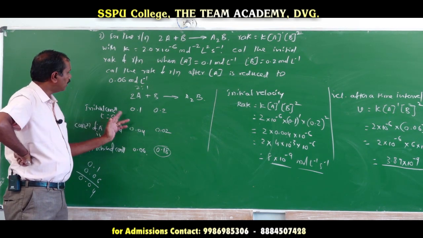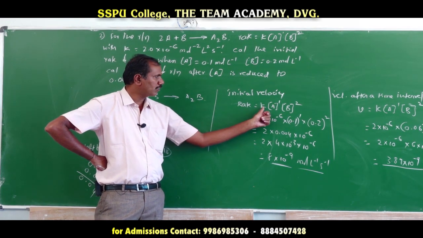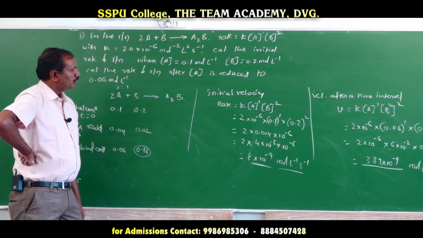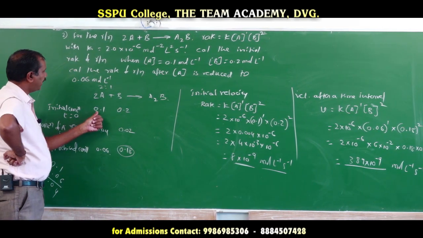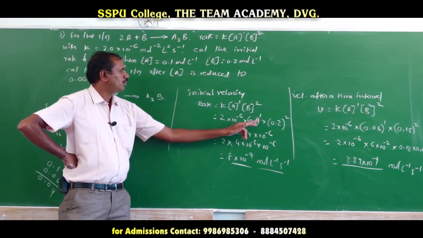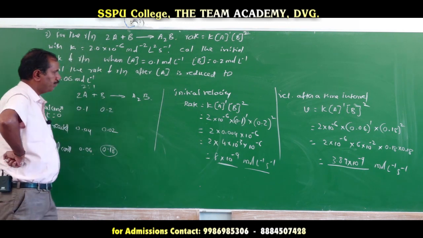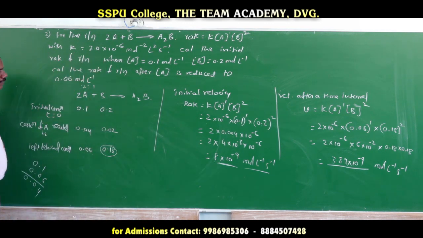Initial rate equals k into A to the power of 1, B to the power of 2. The k value is given, 2 into 10 to the power of minus 6. Concentration of A initially is 0.1 to the power of 1, concentration of B is 0.2 to the power of 2. Finally, you can get this answer. That is the initial velocity.